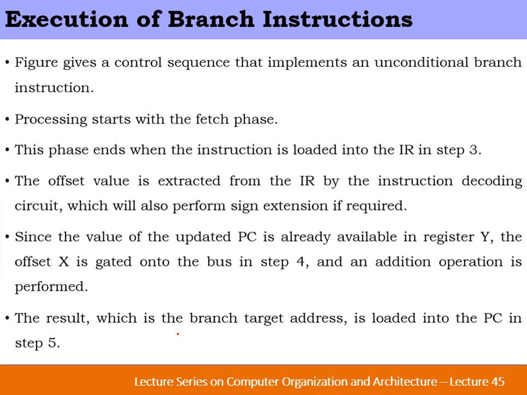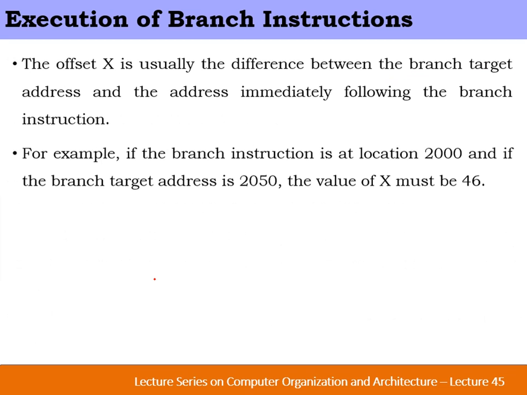So the result, which is the branch target address, is loaded into the program counter in step number 5. So this is regarding unconditional branch instructions, and how the sequence of steps is executed for an unconditional branch instruction.